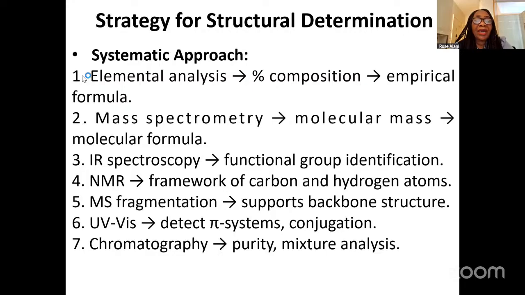And then with the IR, infrared spec, you're able to identify the functional groups. With the NMR, the framework of carbon and hydrogen atoms. With the mass spec fragmentation, this supports backbone structure.